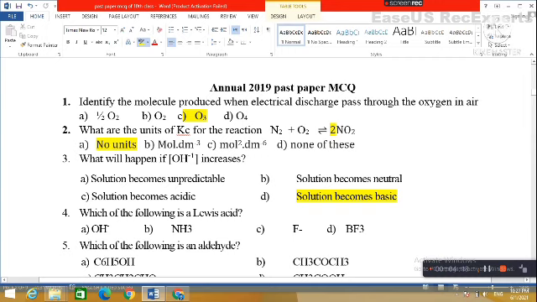Option A, OH negative, has an extra pair of electrons, so it will never accept extra electrons. Option B, ammonia. Option C, F negative, fluoride. Option D, BF3. Option D is correct. Boron belongs to the third group and has 3 electrons in its valence shell, so in order to complete its octet it will need 2 more electrons. So this is the Lewis acid.